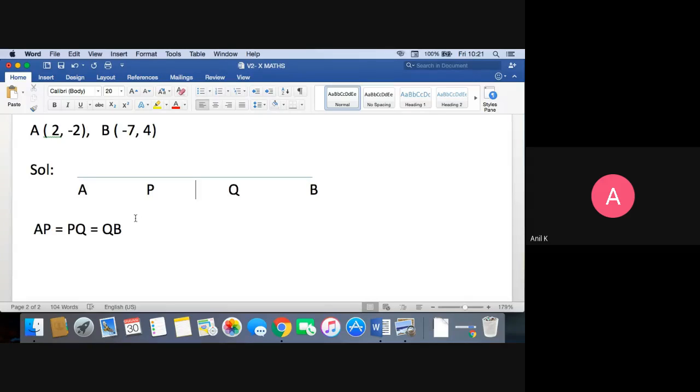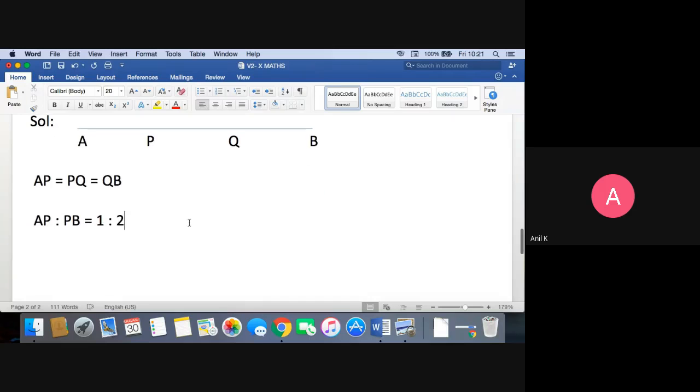So if I want to find the coordinates of P, like if I take this as x comma y, then I can say the ratio of AP is to PB is going to be 1 is to 2.